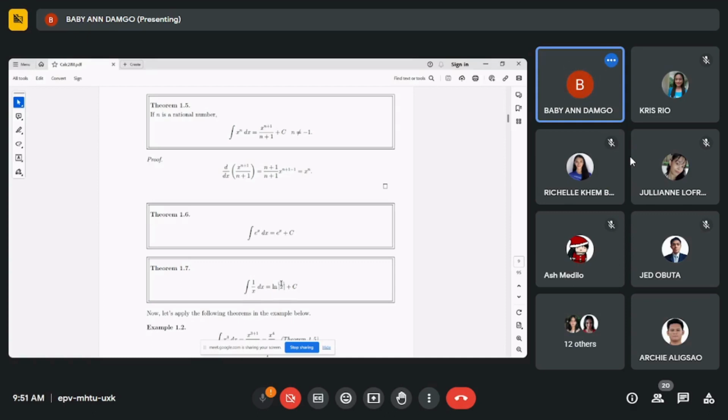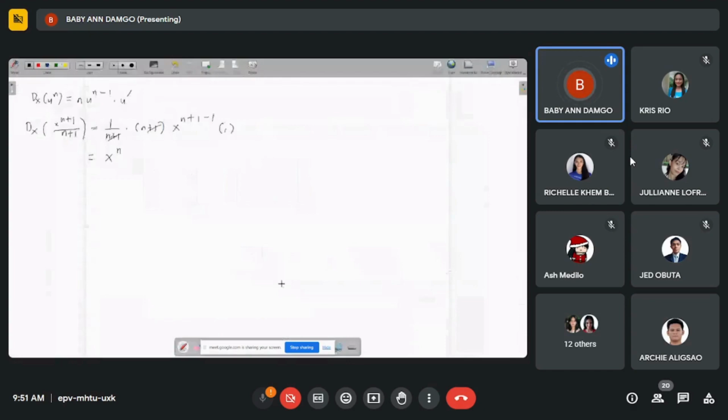Okay, so for example, we have here x squared. So the integration of x squared dx, so ato ni siyang i-apply ang power rule for integration. So the integral of x to the n dx is equal to x to the n plus 1 all over n plus 1 plus c.